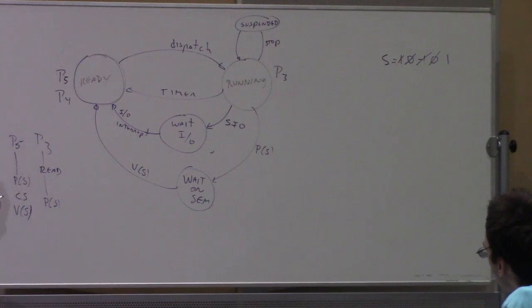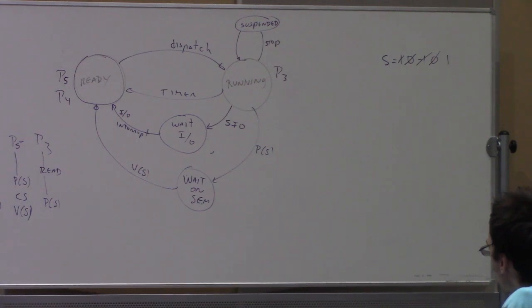Now, if P4 is there, and P3 applies the P operation, does it block? Yes. If there is another process within the critical section, any other process that tries to get in is blocked. So the answer would be, it depends.